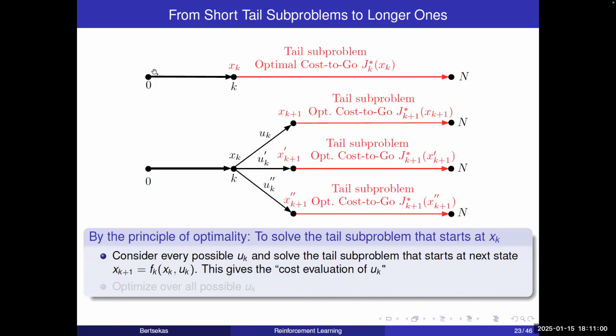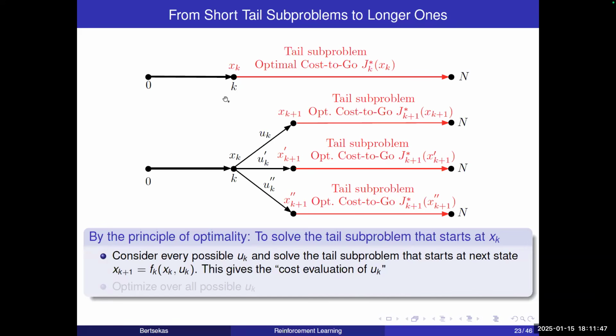Eventually, we get to the tail subproblem starting from initial state x0, which is the original problem we aim to solve. At that point, we will have solved the original problem. In particular, let's assume that we want to solve the tail subproblem corresponding to xk. We will call the corresponding optimal cost the optimal cost to go, denoted by jk star of xk. Suppose further that we have already solved all the tail subproblems starting from any state xk plus 1.